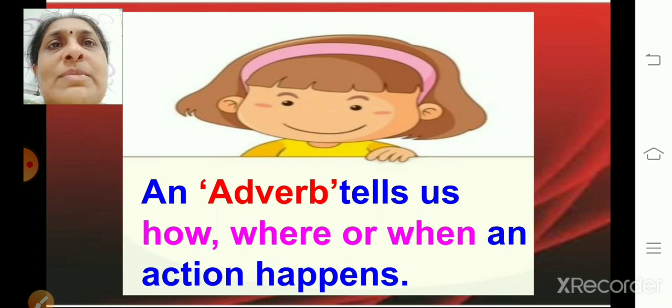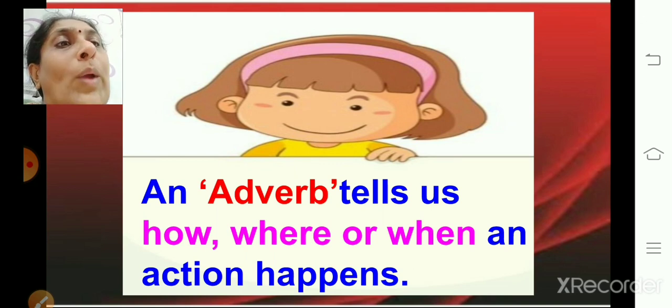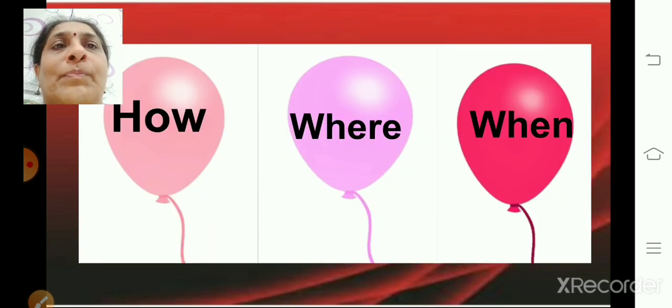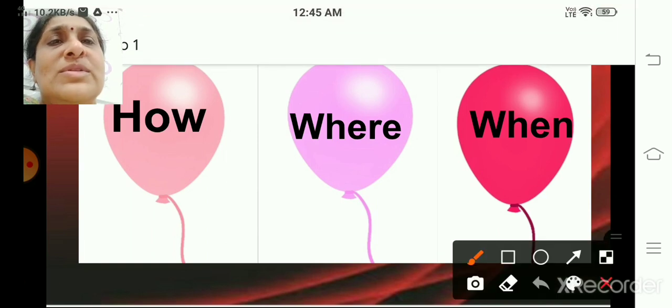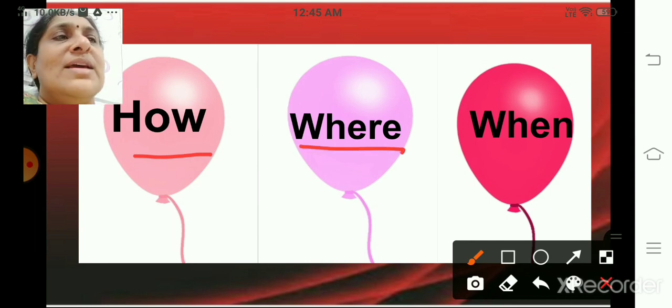As you can see here, there are three lovely balloons, and they tell us how the action is done, where the action is done, and when the action is done.